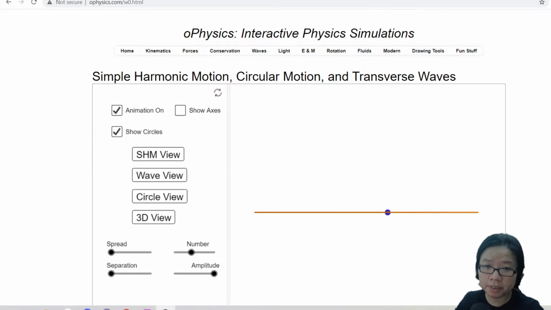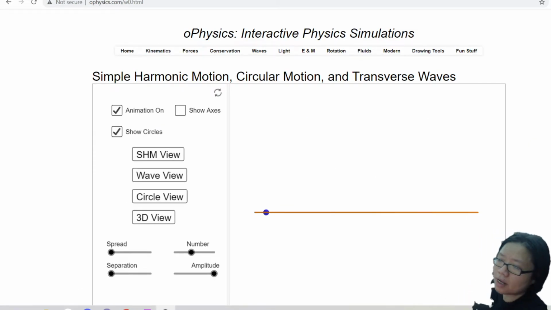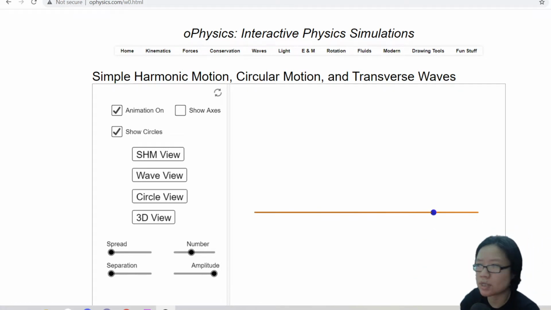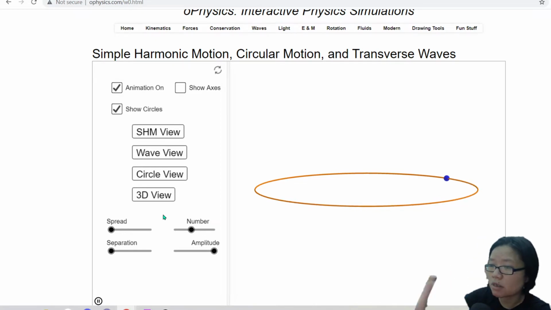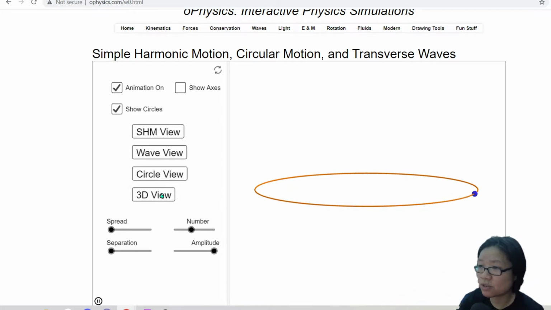See behind me, you have a particle in simple harmonic motion. It's just going left, it's going right, it's having its own good time. But let's think about the 3D view. If you look at the particle moving in circular motion, and hopefully you've already learned circular motion in the previous chapter, and you look at it from the plane that it is moving in, it's actually in simple harmonic motion.